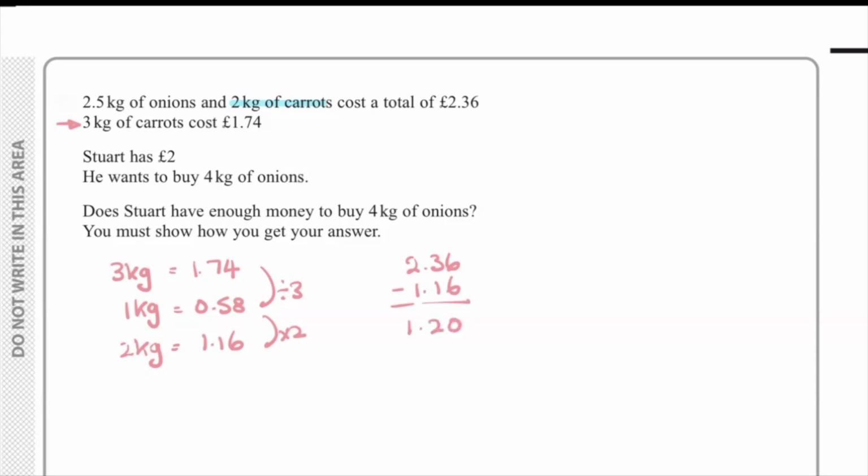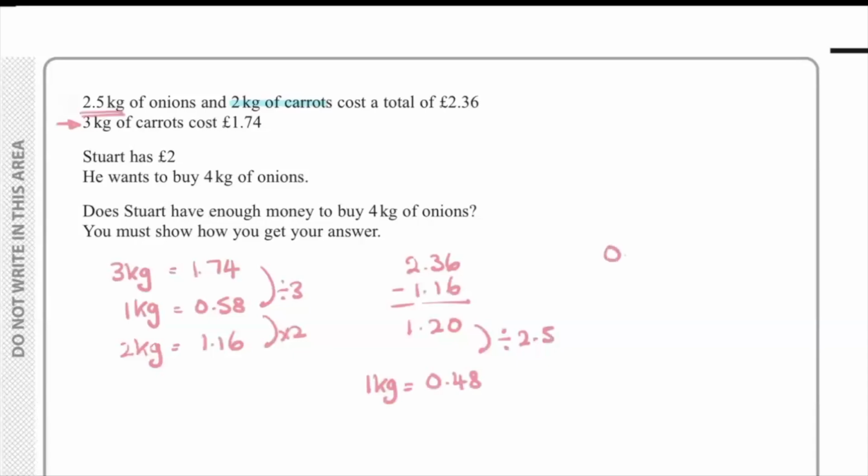The onions are 2.5 kilograms, so I need to divide through by 2.5 in order to work out what 1 kilogram will cost, and that is 0.48. Now I have what 1 kilogram costs.